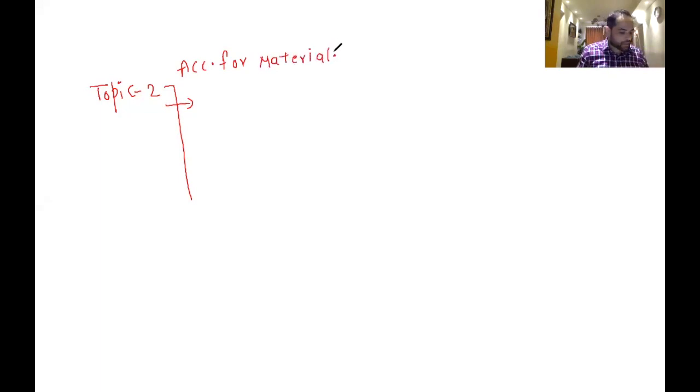All right. So in this accounting for material, you need to understand physical control and investment control, right? Which is learning outcome 1. What is the meaning of physical control and investment control? What's the difference between them?